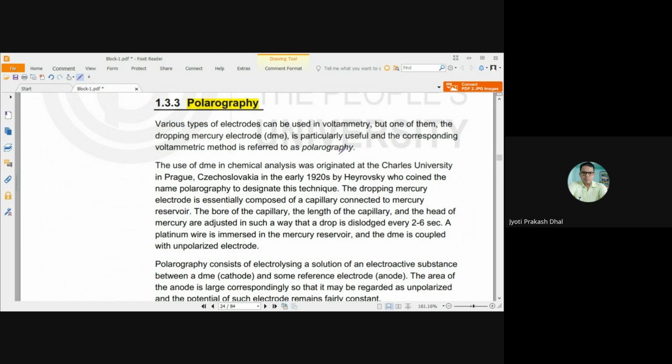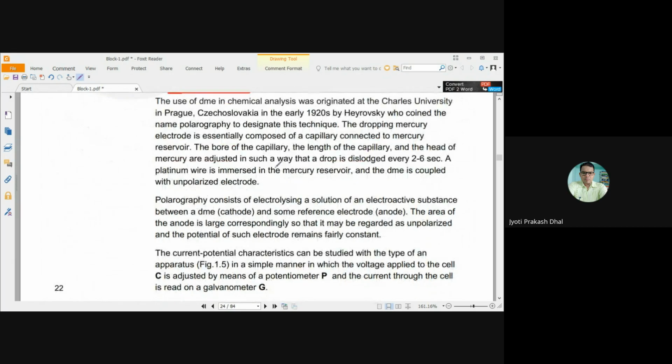Out of the various types of electrodes used in voltammetric techniques, one electrode is the dropping mercury electrode, called the DME, which is particularly useful, and the corresponding voltammetric method is known as polarography.